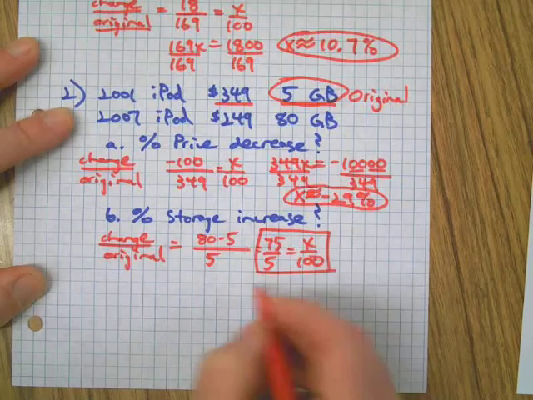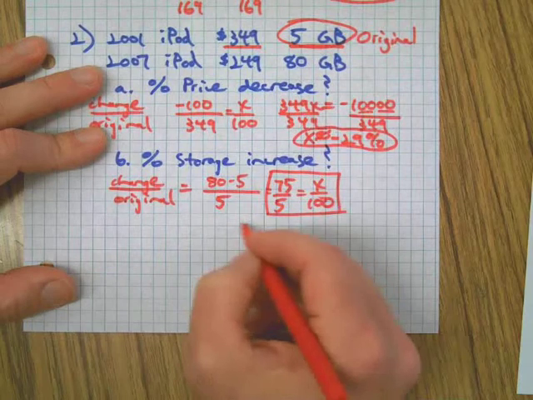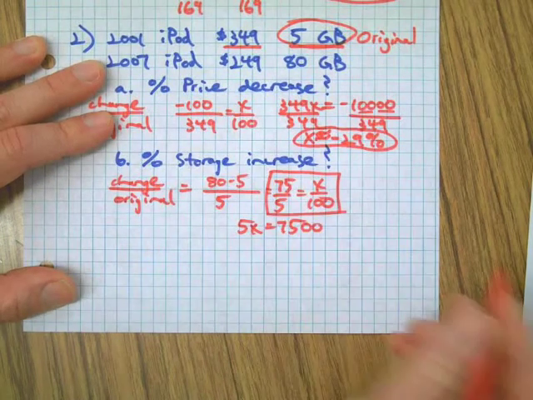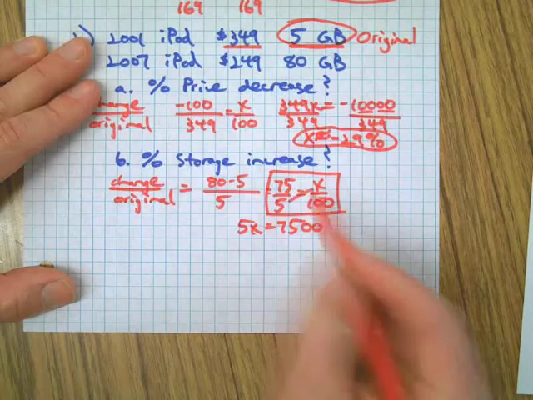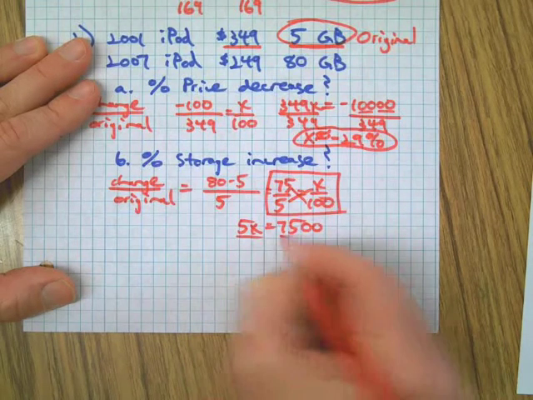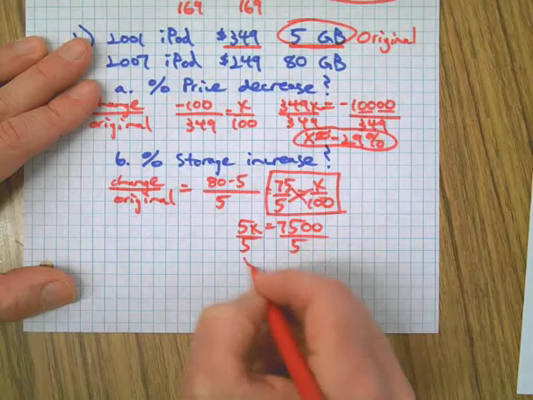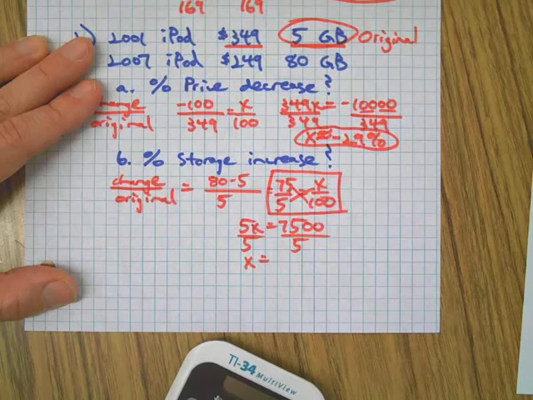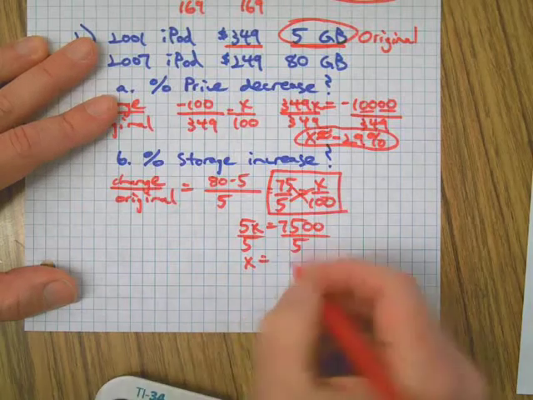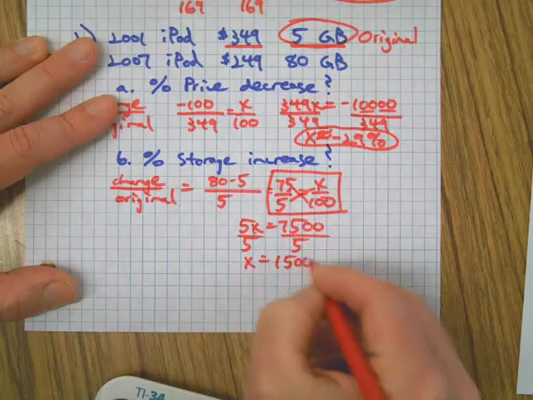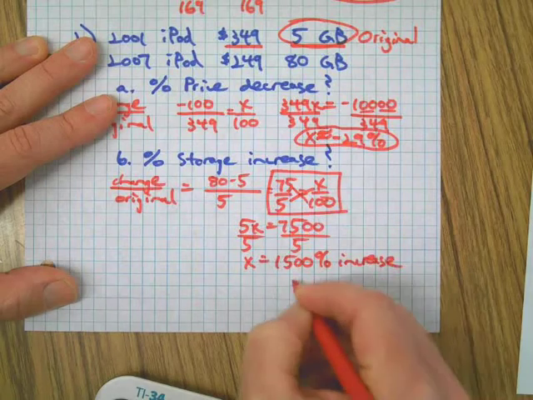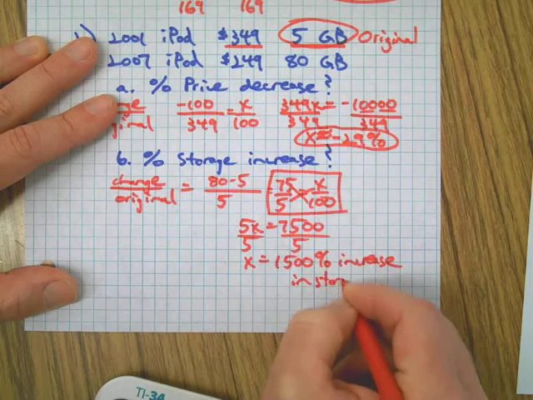Gives us what percent? There's the correct setup. And at this point, if you have it set up the right way, everything's going to work out fine unless you accidentally push a wrong button or something. 5 times x, 75 times 100. It's going to be a big number, but that's okay because it's just a number. 1,500% increase in storage.